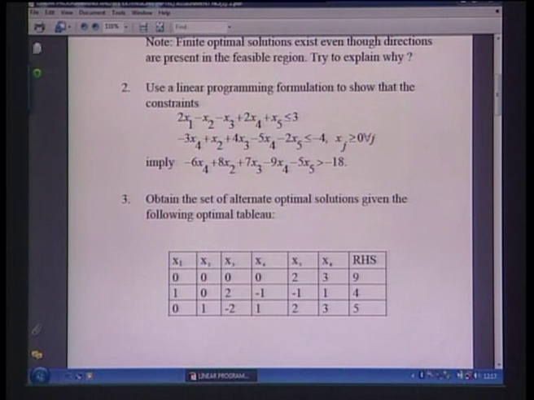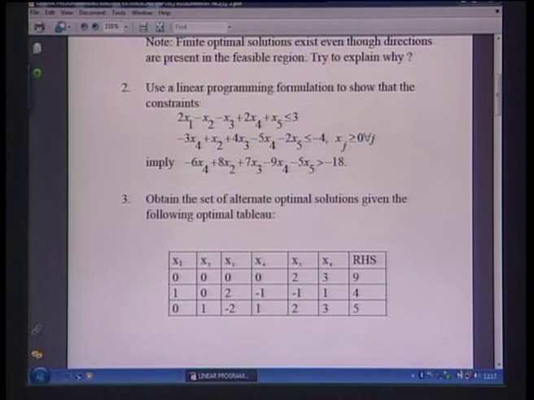Let us go on to the next one, number 2. I am saying use a linear programming formulation to show that the constraints, I have given you 2 constraints with all non-negativity constraints on the variables, imply that the third constraint will be satisfied. I would like you to think here, what do I really mean? If I want the third constraint to be satisfied, that means it should be greater than minus 18. What would you say would be the value of the objective function?